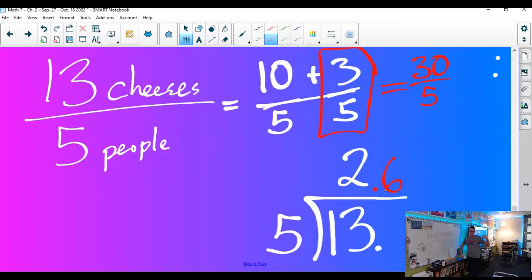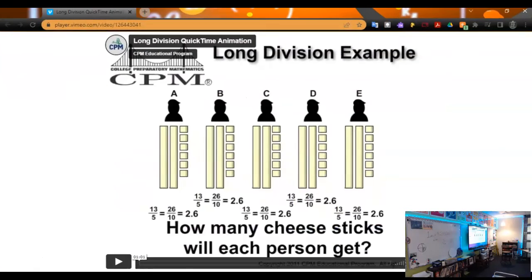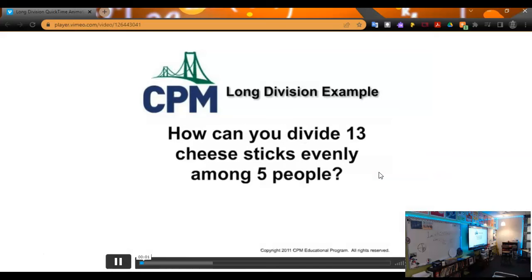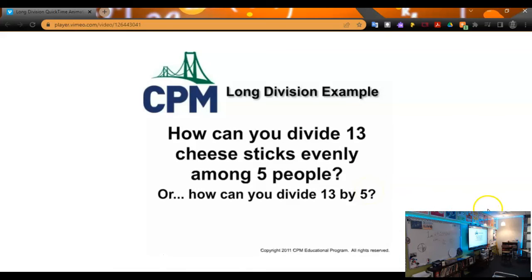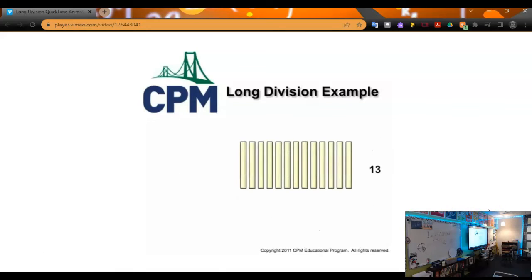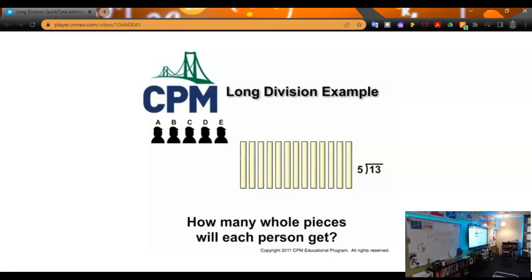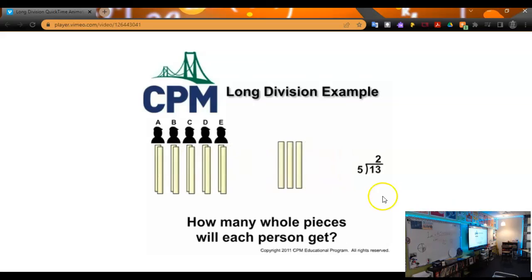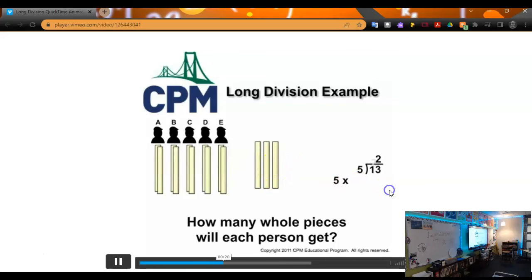Give me your eyes up here, up at the board to help this solidify in your brain. 13 cheese sticks. We can start by just giving everybody one: A, B, C, D, E. Just like Ivan said. And we give everyone 2, and now we're left with 3.